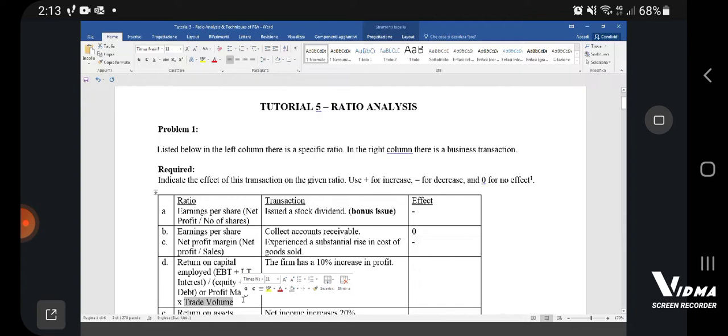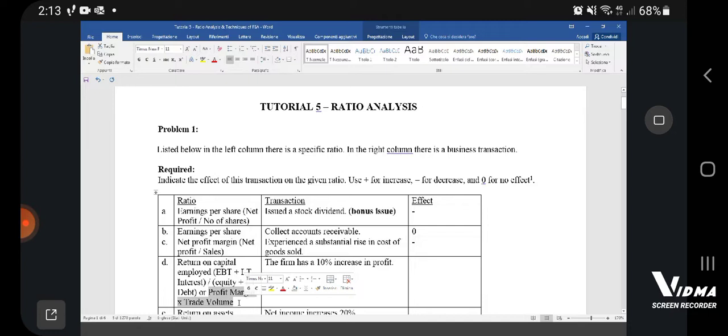Of course, you have the information of the two components that are part of the return on capital employed, but it's even more difficult to understand the impact of one transaction on two ratios at the same time. Don't complicate stuff.